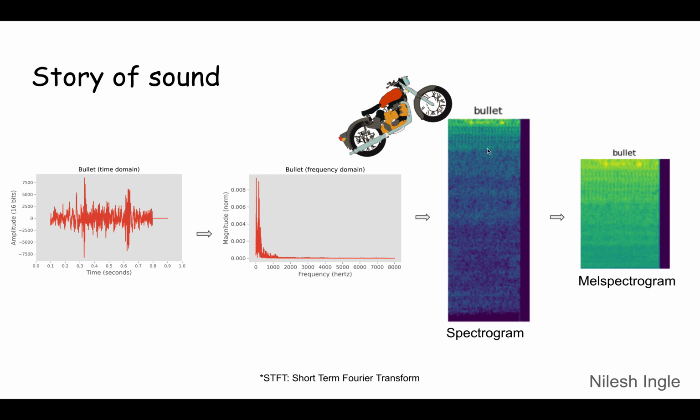In the spectrogram we can see these bands for each type of audio that we record, and this is a mel spectrogram. That's another version of it. We won't go into the details, but just to tell you that this is the type of processing that was done on the audio that was recorded before it was used as an input to a deep learning neural network.